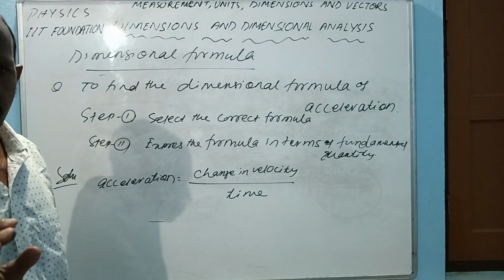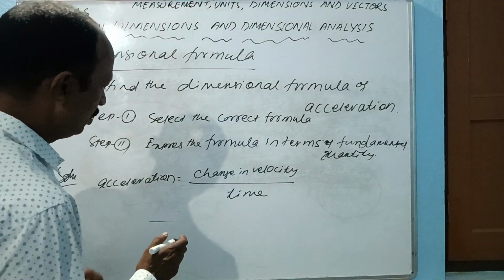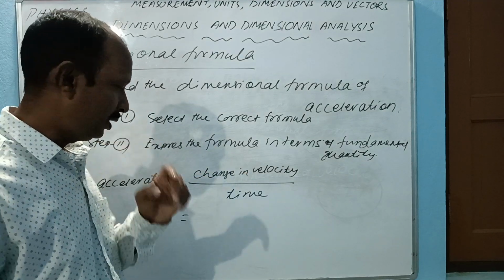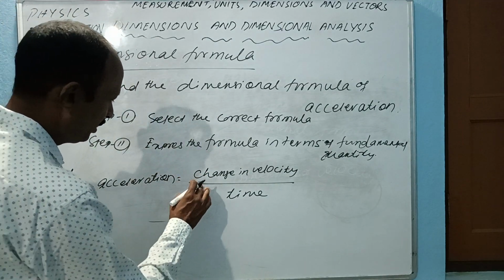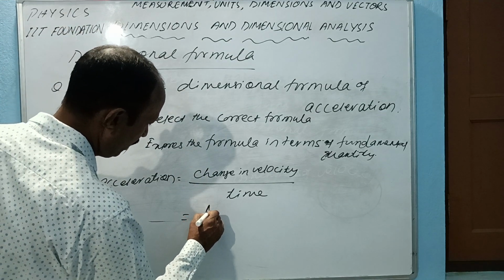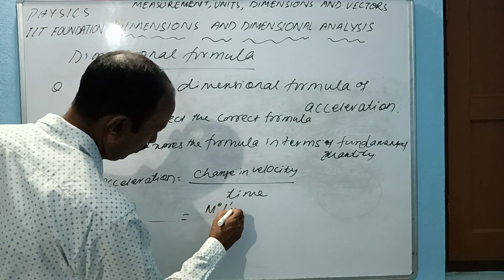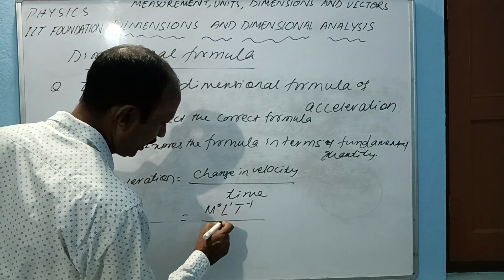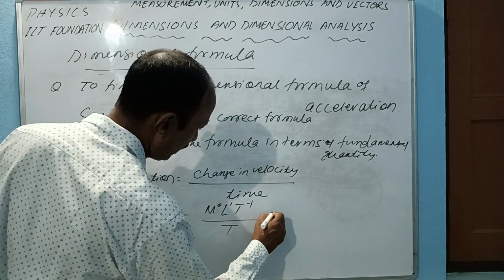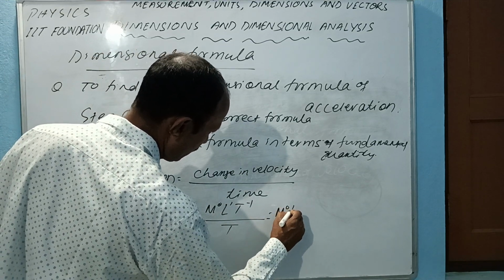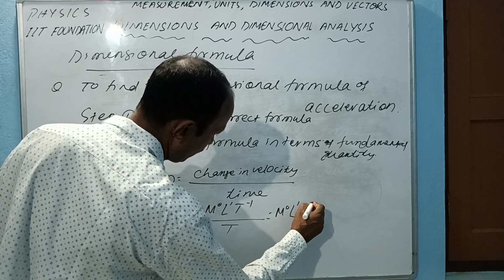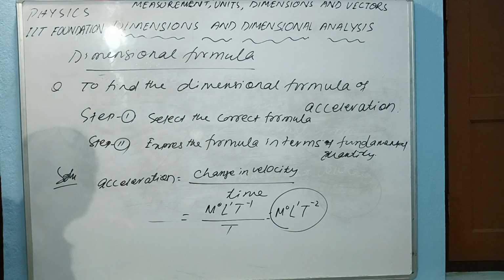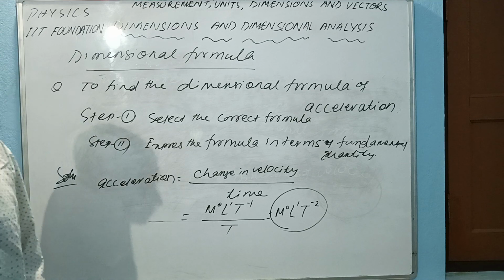So the result will be the velocity. So what is the dimensional formula for velocity? Yes, dimensional formula of velocity M to the power 0, L to the power 1, T to the power minus 1 divided by time means T. So I can write M to the power 0, L to the power 1, T to the power minus 2. This is the dimensional formula for acceleration.